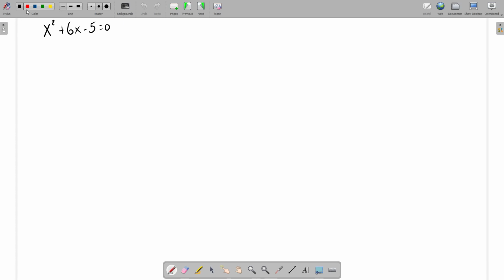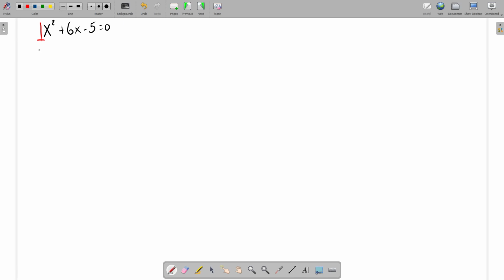Okay, so the first thing we want to do is make sure that a, meaning the number in front of x squared, is 1. Well, in this problem, it's already 1. There's really a 1 right there. So we don't need to do anything. If it wasn't a 1, if it was a 5 or an 8 or whatever, we would have to divide everything by that.